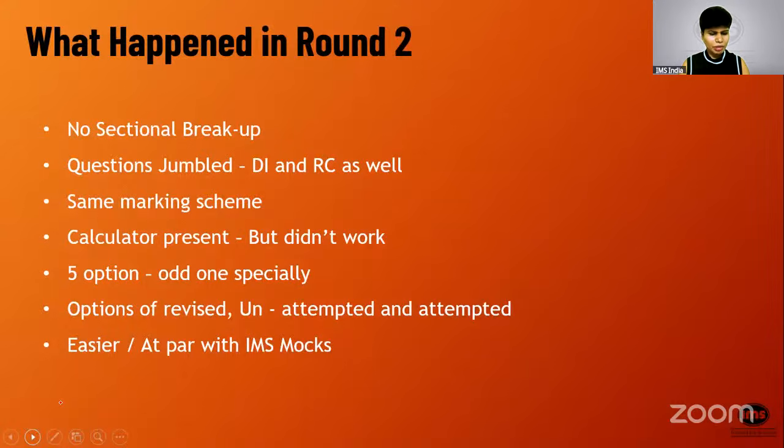Now, coming to the English part. In the English part, I think there were 2 RCs. Many of you did it in different slots, so I'm not sure whether you all got the same RCs or not. But in the comments, students are saying they were way easier than the IMS mocks.